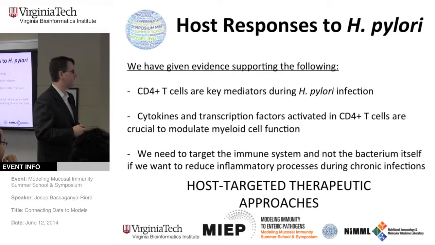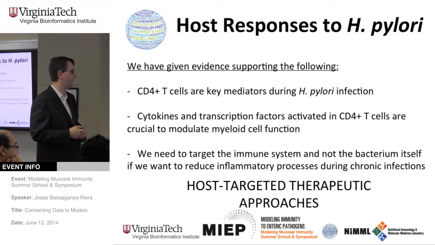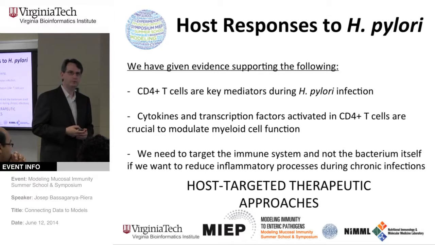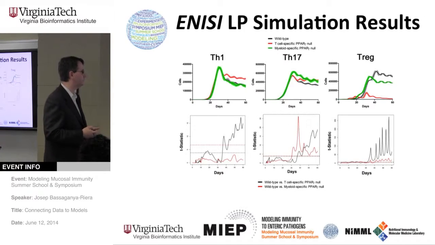Cytokines and transcription factors activated in CD4 T cells are crucial to modulate myeloid cells, and there's a secondary myeloid cell influx. So how can we target this immune response to H. pylori? We believe a potential is to develop host-targeted therapeutic approaches.